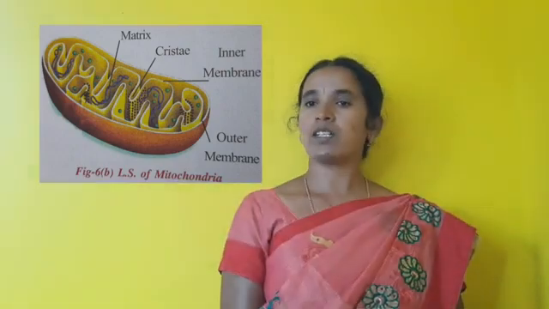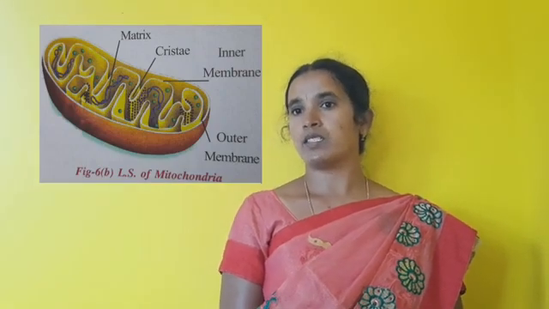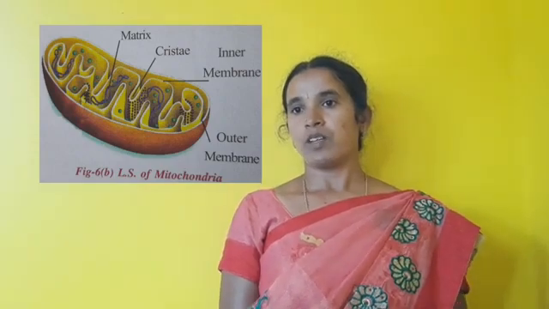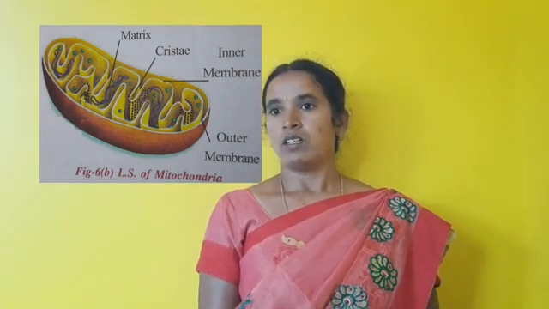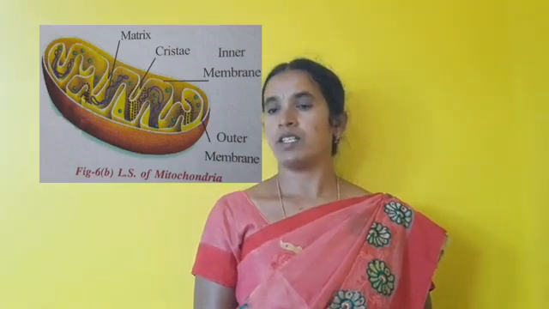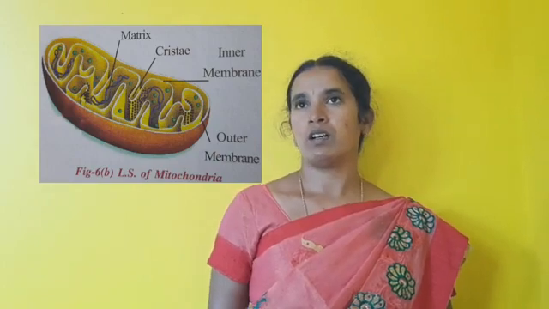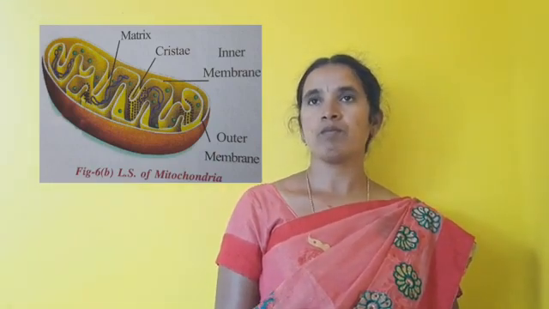When we see under the microscope, these appear as oval or cylindrical dots. It contains an inner membrane and outer membrane, cristae and matrix.